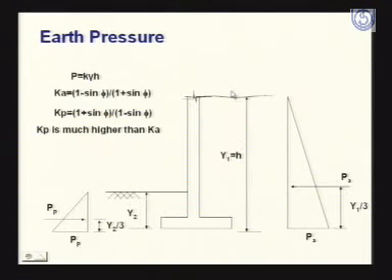Now, the action of this earth pressure is analogous to the fluid pressure. As you must have studied in your fluid mechanics course, the fluid pressure varies from 0 at the top to the highest at the bottom. Similarly here also, there is a linear variation of the earth pressure, 0 at the top and the maximum at the bottom.